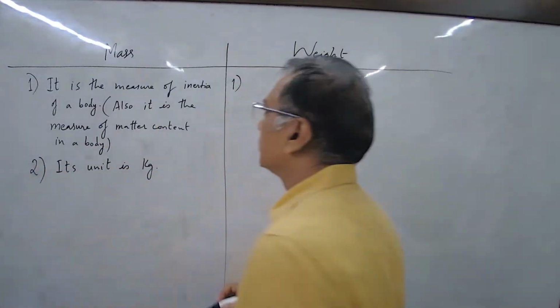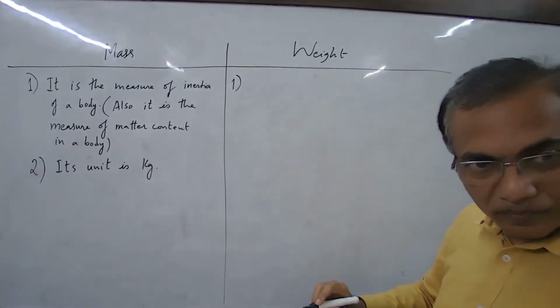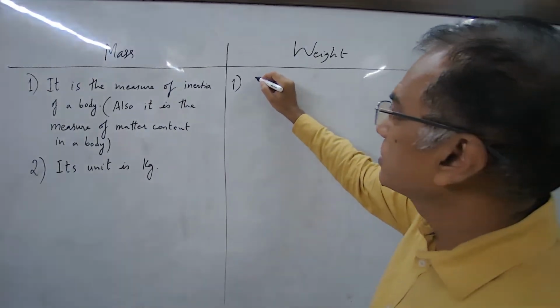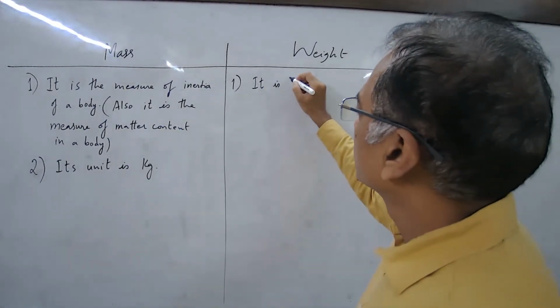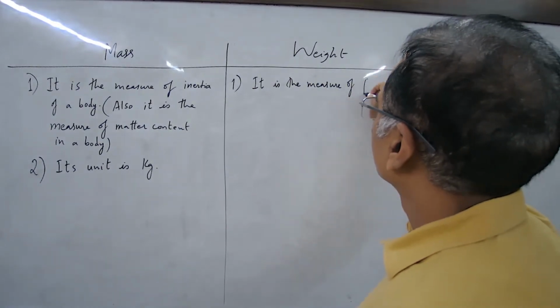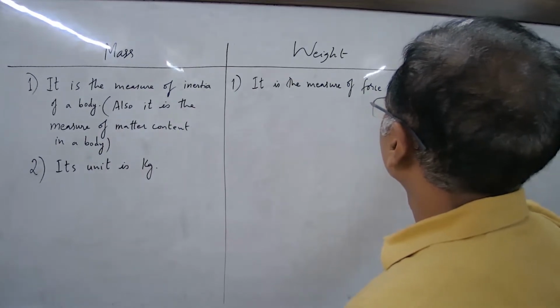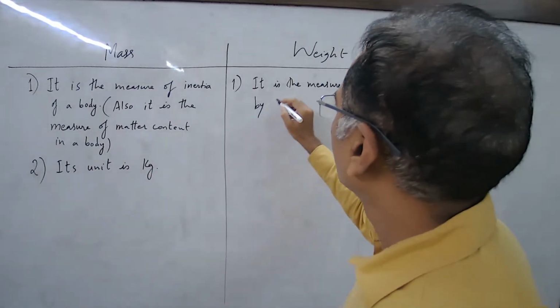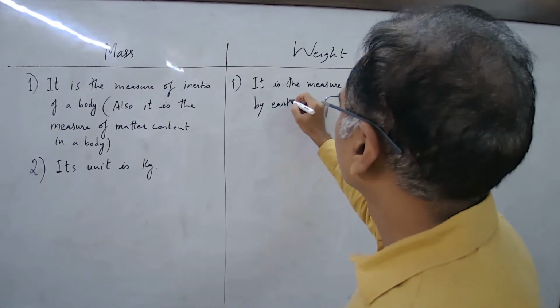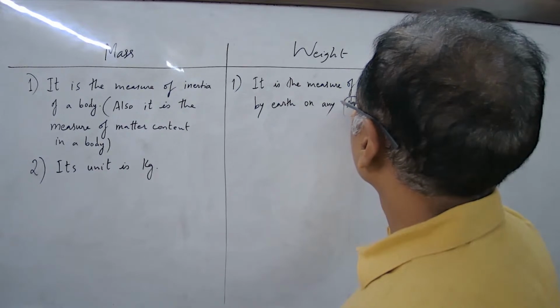So what is weight then? The force of gravitation applied on any object is weight. It is the measure of the force of gravitation, the force exerted by Earth on any object.